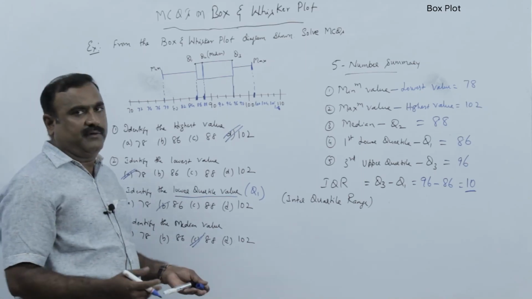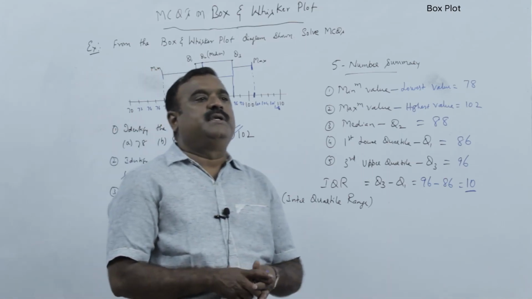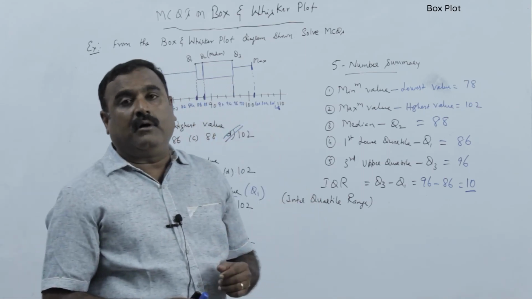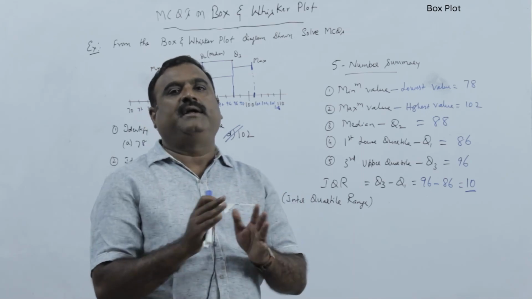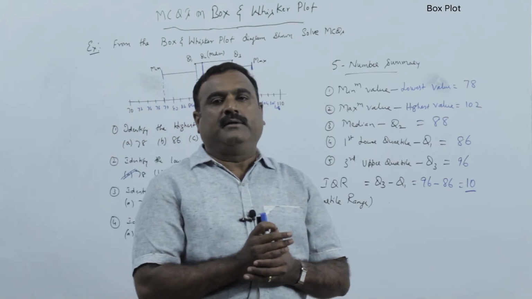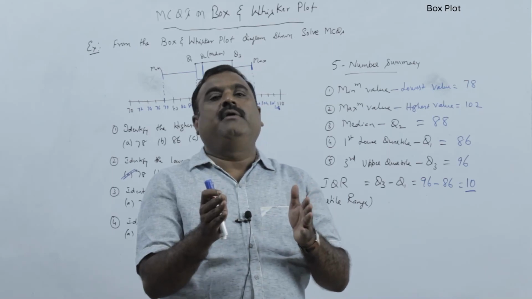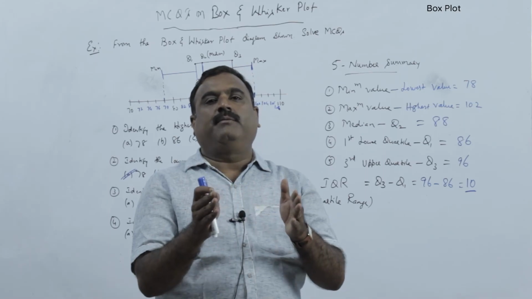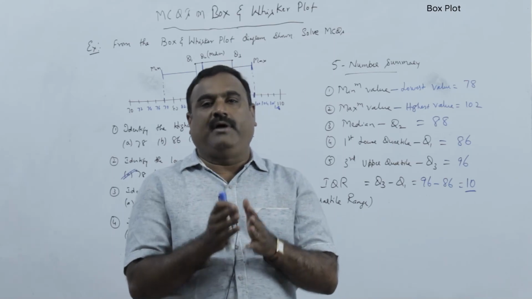He may ask in a different way also. Sometimes he will give the data and ask you to plot the box and whisker plot. He may give 4 diagrams and ask which is the right answer. Or the data may be given in an unorganized way, and he will ask you to draw the box and whisker plot and identify the median value.